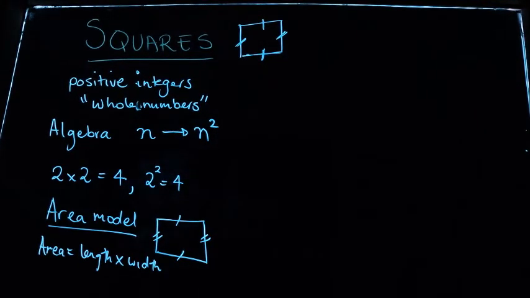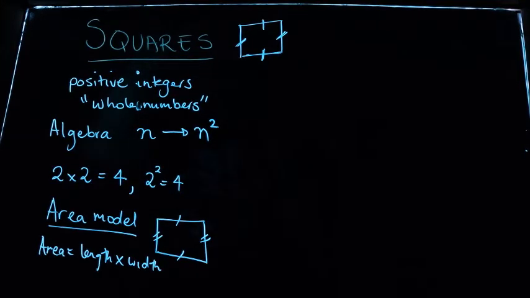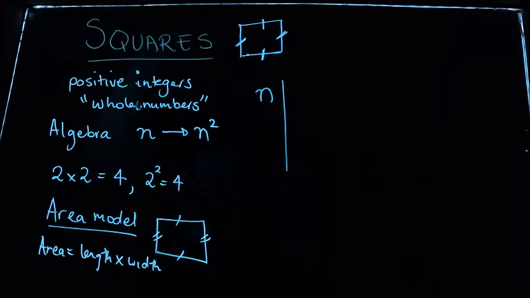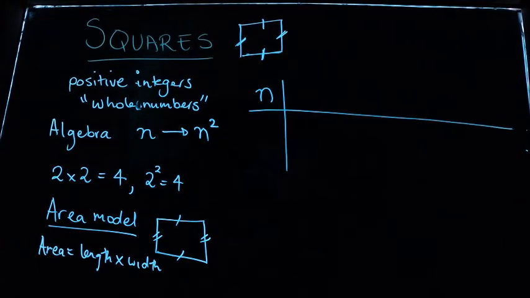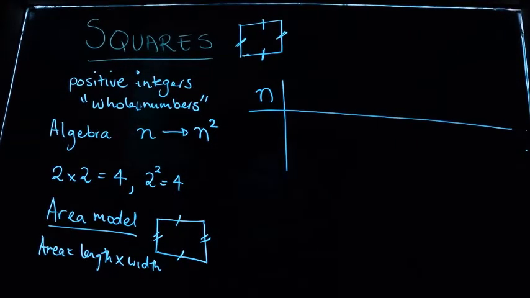So let's get started, and I think we can start this without too much number crunching. We can set up a table, and we'll do that now, and we'll use n to represent the integer, and we might write a few of those integers out first, or whole numbers.